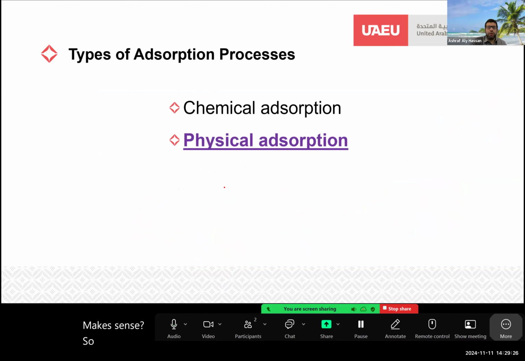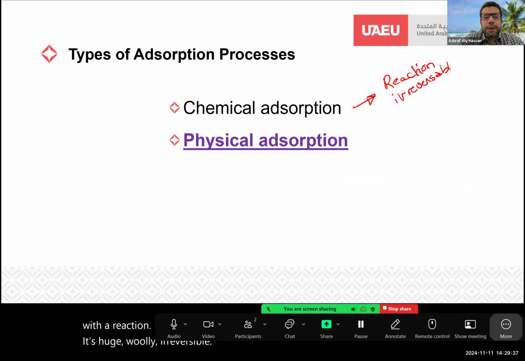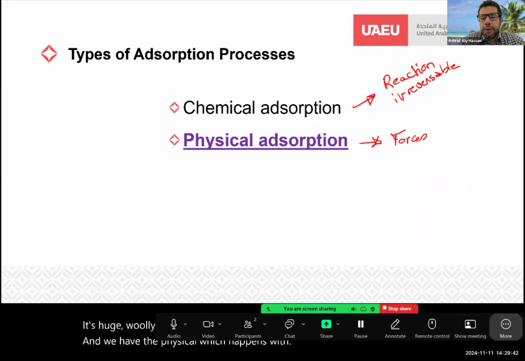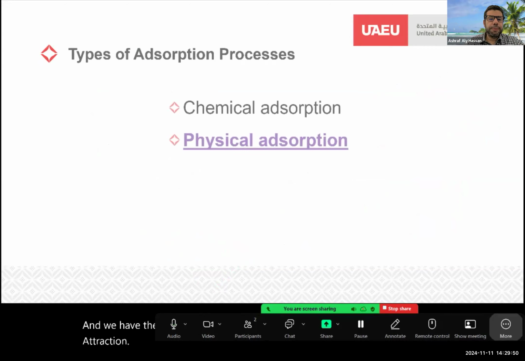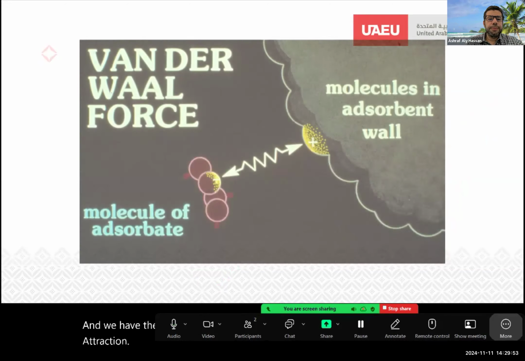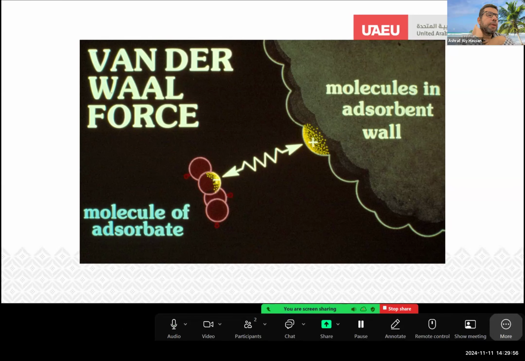So now we talked about the 2 types: the chemical adsorption, which happens with a reaction and is usually irreversible, and the physical, which happens with attraction forces. This is an example of one of the attraction forces that can work in physisorption, the van der Waals forces.